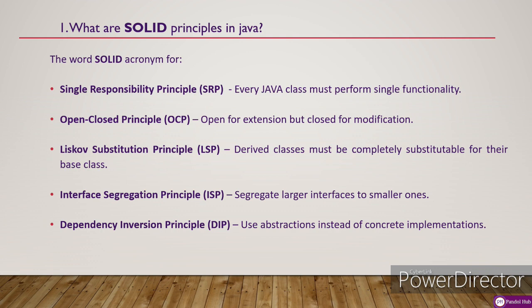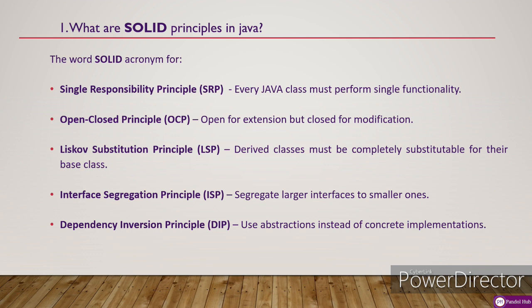So instead of combining all the functionalities into a single interface, you can segregate them into different small interfaces, so that it will be easier for others to understand your code and easier to extend or reuse the code that we have already written.